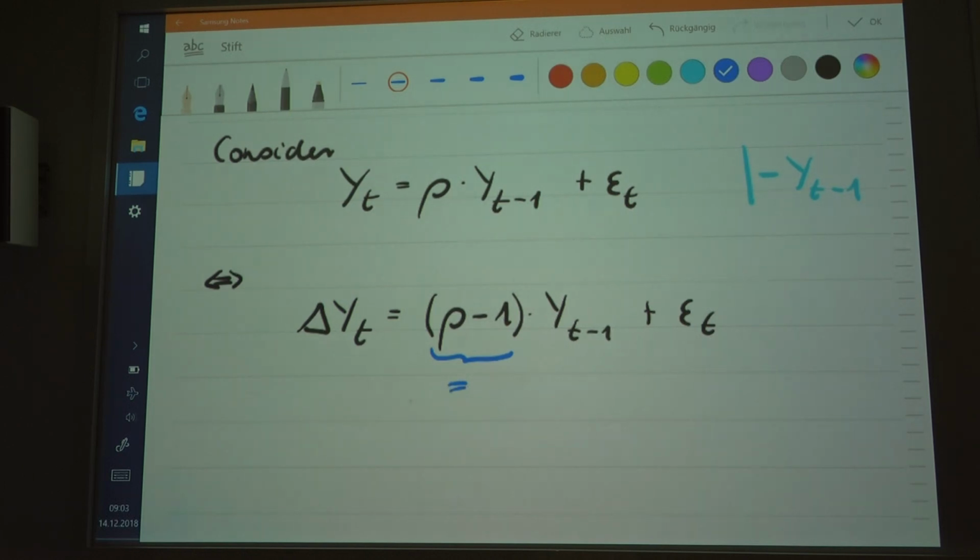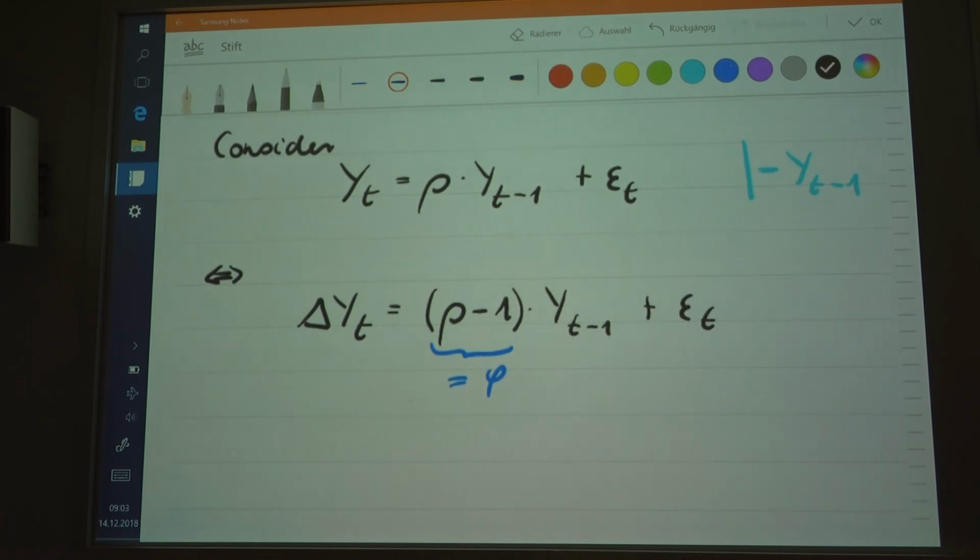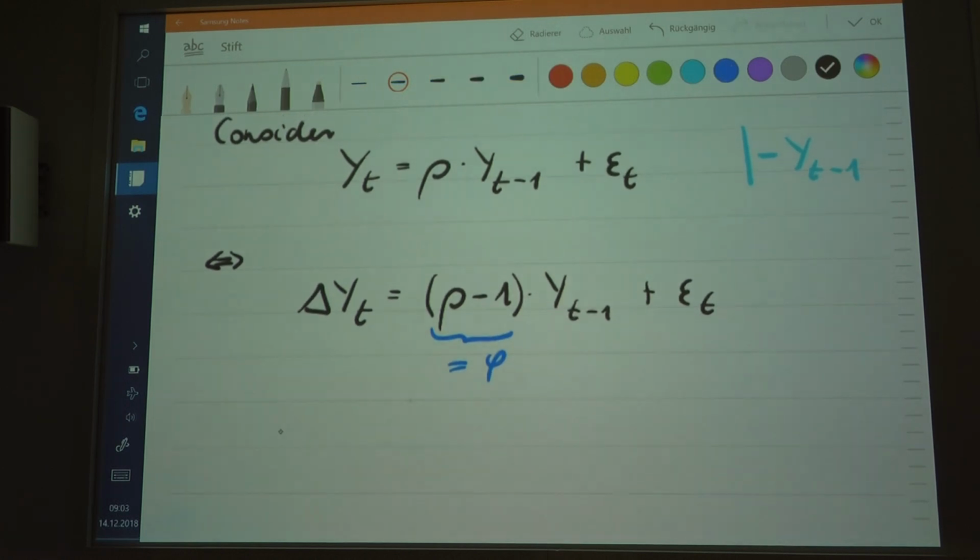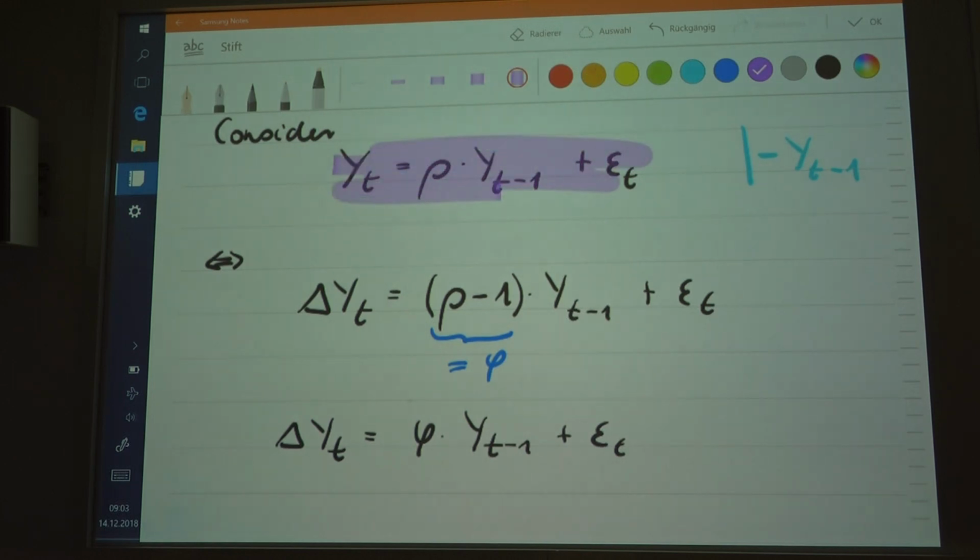Then you have an alternative representation: the difference delta yt is equal to phi times yt minus 1 plus the noise. So these two representations of the process are going to be equivalent.